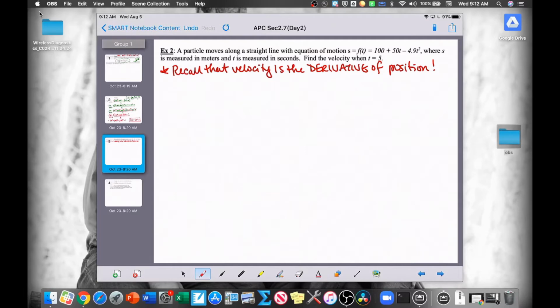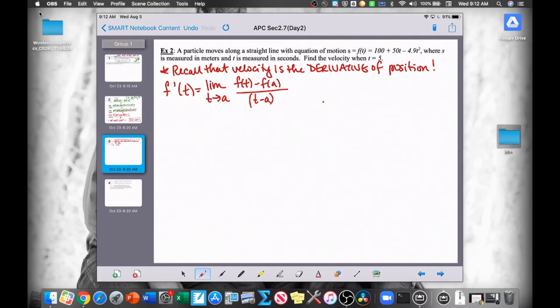Now since we know our a is 5 or our t is 5, we can use the formula f prime of t is going to be equal to the limit as t approaches a of f of t minus f of a all divided by t minus a.